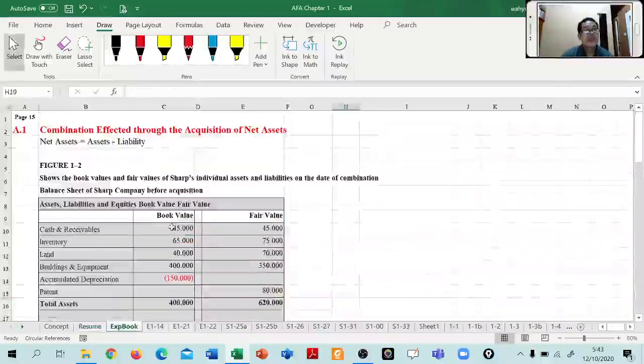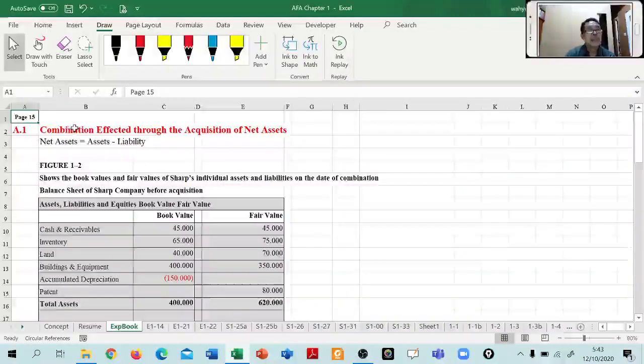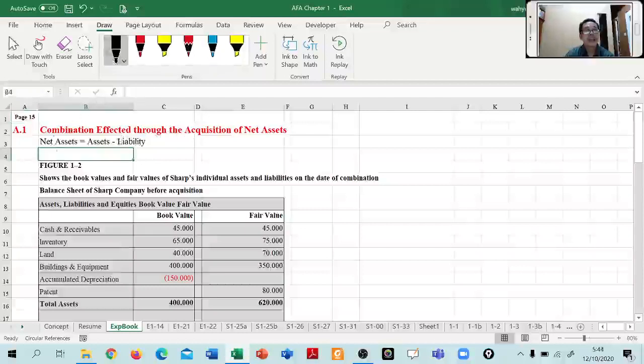Next, please see page 15 in the textbook. There are some examples of calculation. Combination effected through the acquisition of net assets. And I remind you that the formula of net asset is asset minus liability.